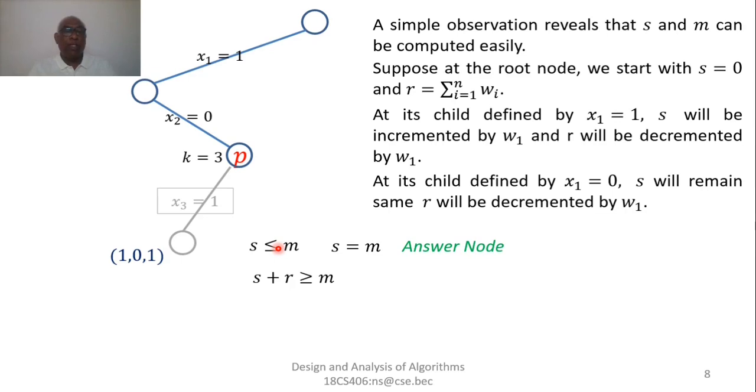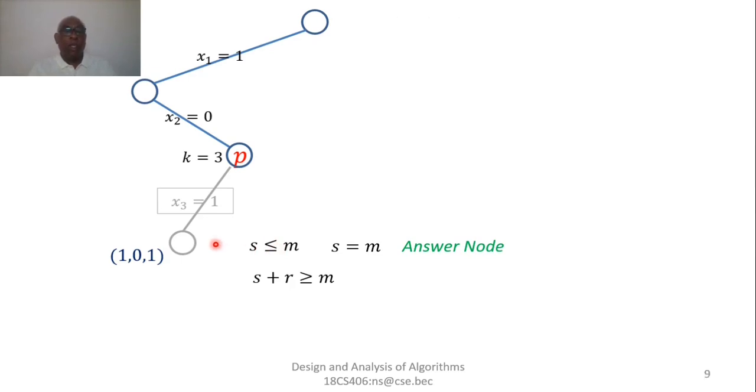Let's make one more final elegant observation. If this bounding function is to be satisfied by this node, then one should accept that this bounding function should have been already satisfied by the parent node. If the bounding function was not satisfied by the parent node, we wouldn't have considered this as E node and wouldn't have constructed the children. So the bounding function obviously should have been satisfied by the parent as well.